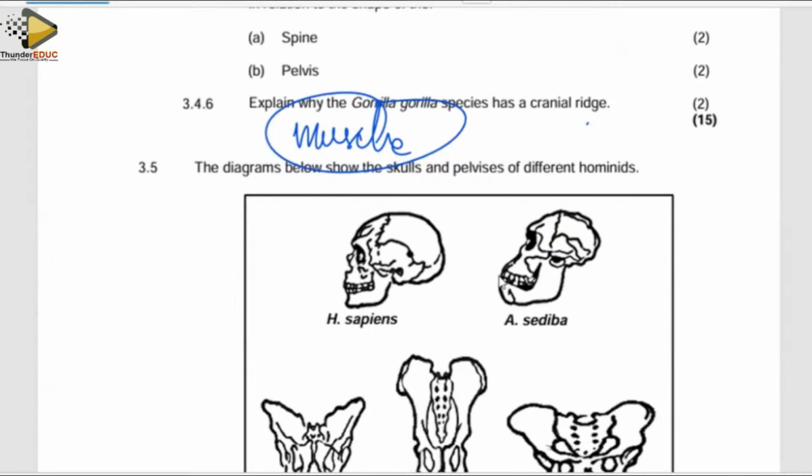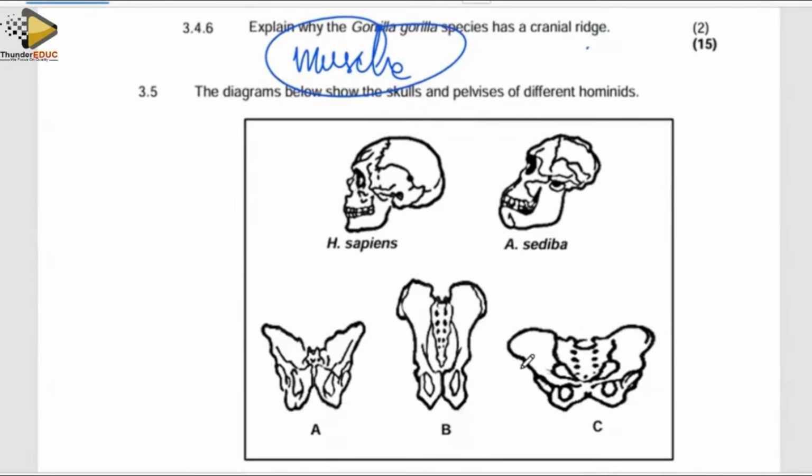You can say that they are for muscle attachments, so that these muscles are able to assist during eating tough or rough or strong food. The muscles must be strong enough to chew this food, remember the food being eaten is raw. So these cranial ridges are for muscle attachment to assist this gorilla in eating this raw food.